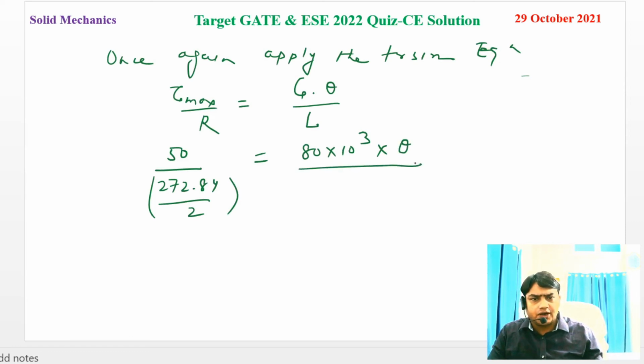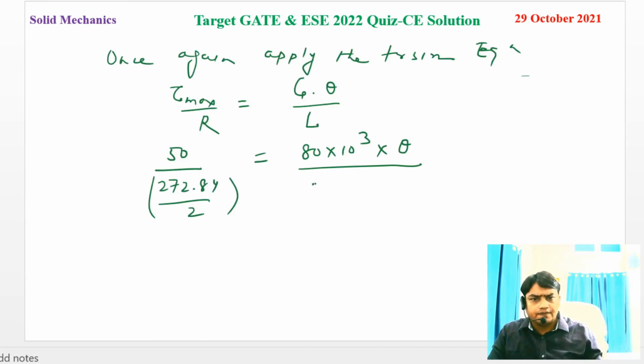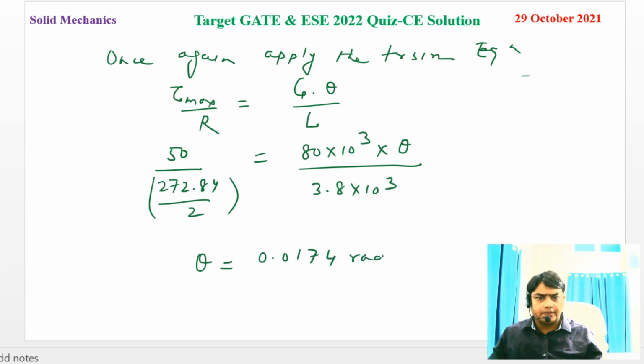L is 3.8 into 10 to the power 3 mm. So theta is equal to 100 into 3.8 divided by 80 into 272.84, which is 0.0174 radian.